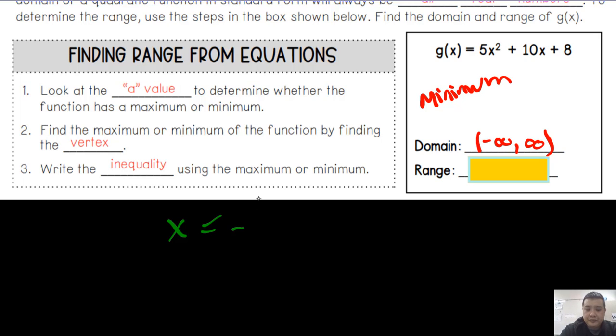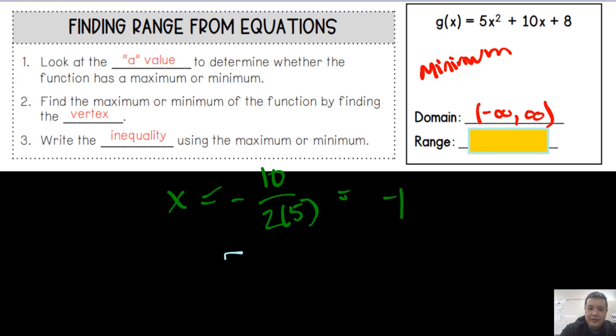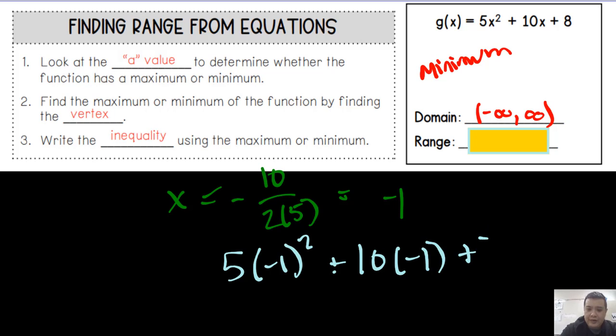-10 over 2 times 5. Okay. -b over 2a, which gets us -1. So we're going to plug in -1 right here into our equation and see what we get. So 5 times -1 squared plus 10 times -1 plus 3.